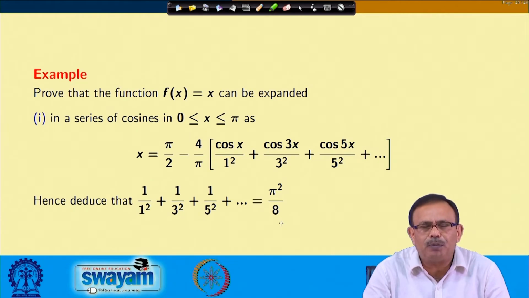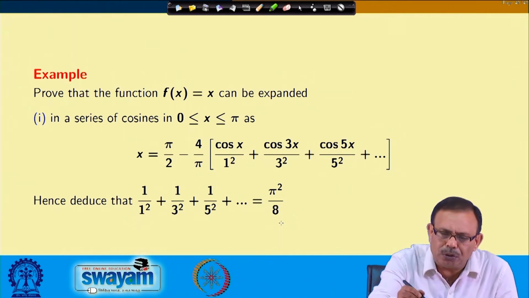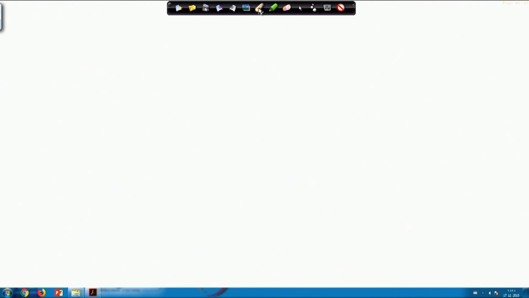And from here we have to prove that 1 by 1 square plus 1 by 3 square plus 1 by 5 square, and so on, equals pi square by 8. So, to solve this problem, let us start.